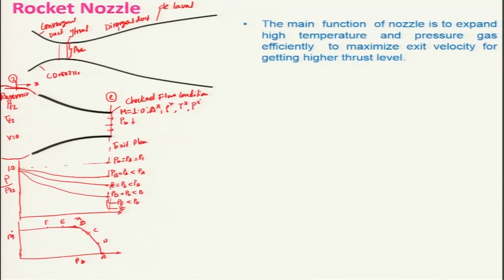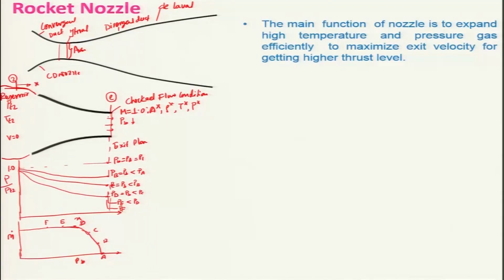These are all corresponding to the choked condition, and therefore with a convergent nozzle you cannot increase the exit velocity beyond Mach 1. That means by using a convergent nozzle, one can get a maximum speed of sonic velocity, the speed of sound. If you want a supersonic exit velocity in a nozzle, then naturally a convergent nozzle is not adequate.